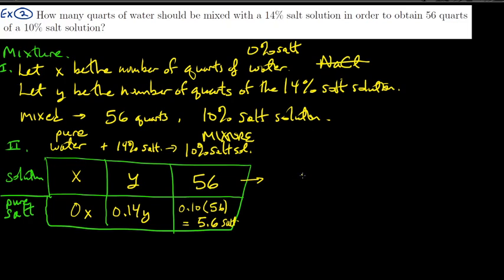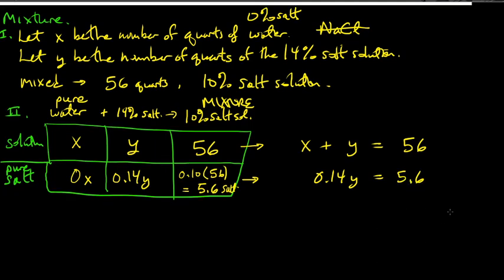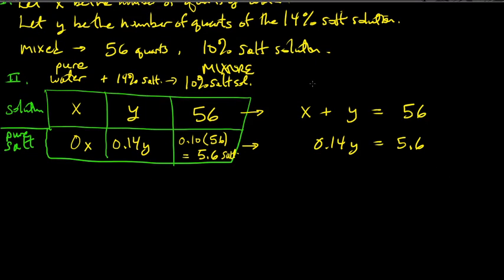The equations are x plus y equals 56. For the second equation, we have 0x, which is just 0, and then 0.14 times y is equal to 5.6. So here we get a system of 2 equations in 2 variables.